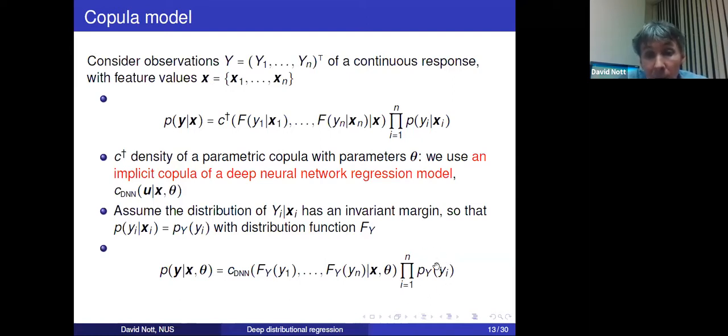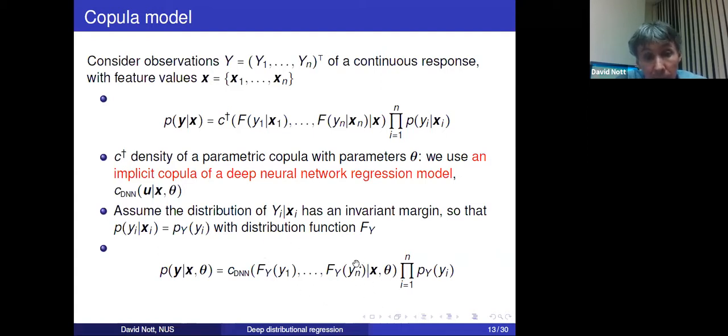Even though our marginal distribution is specified as invariant to the features in the model, once you condition on data, when you look at predictive distributions, because of the dependence in the copula, there's dependence of the predictive distribution on the features through that. So the empirical marginal distribution of the responses is built into the model in an empirical-based fashion.